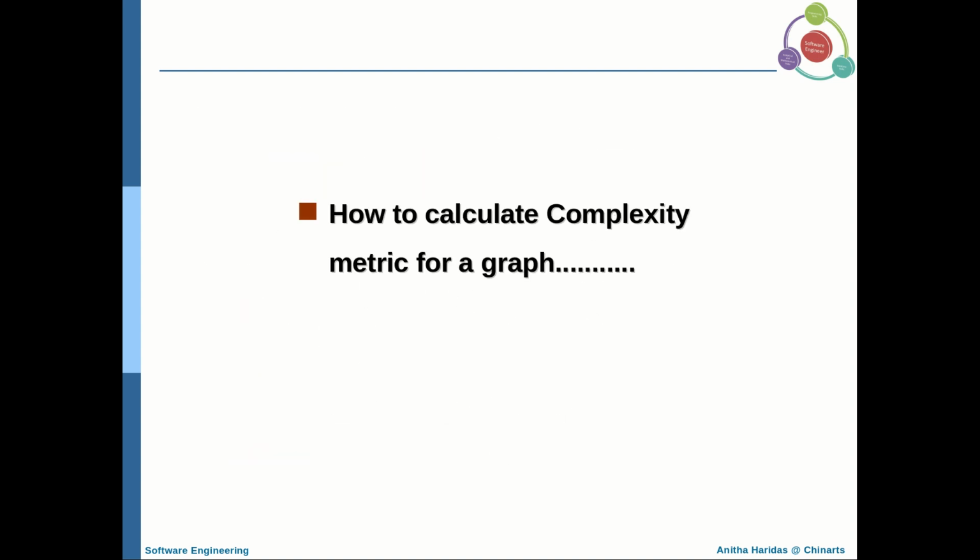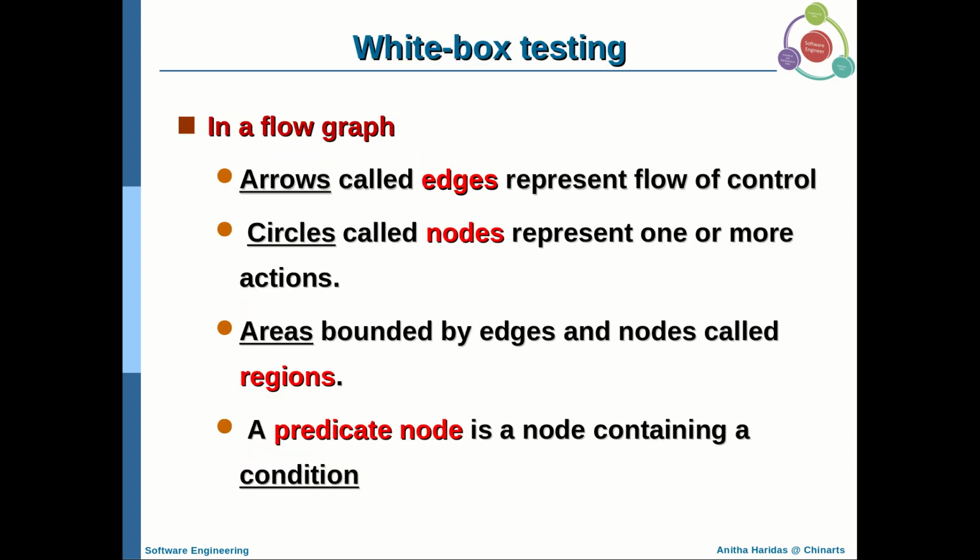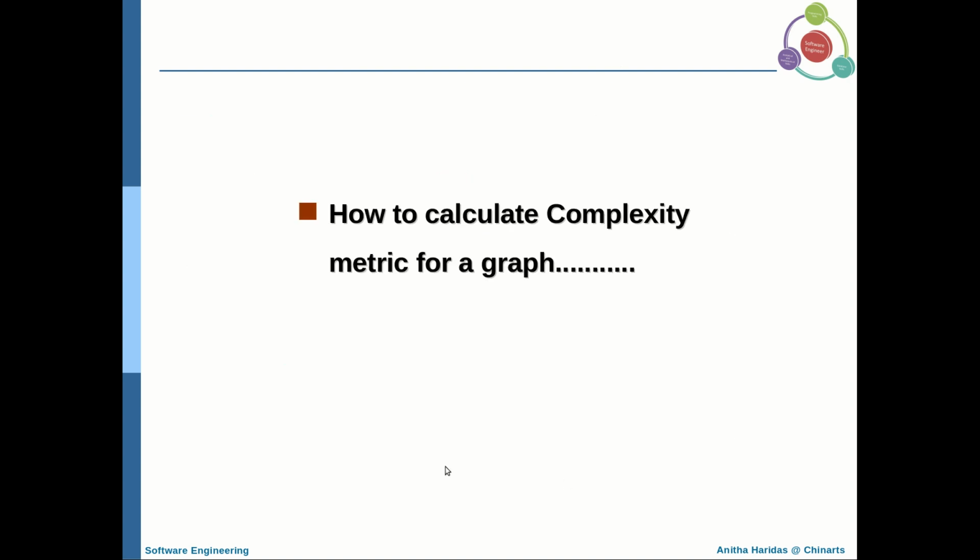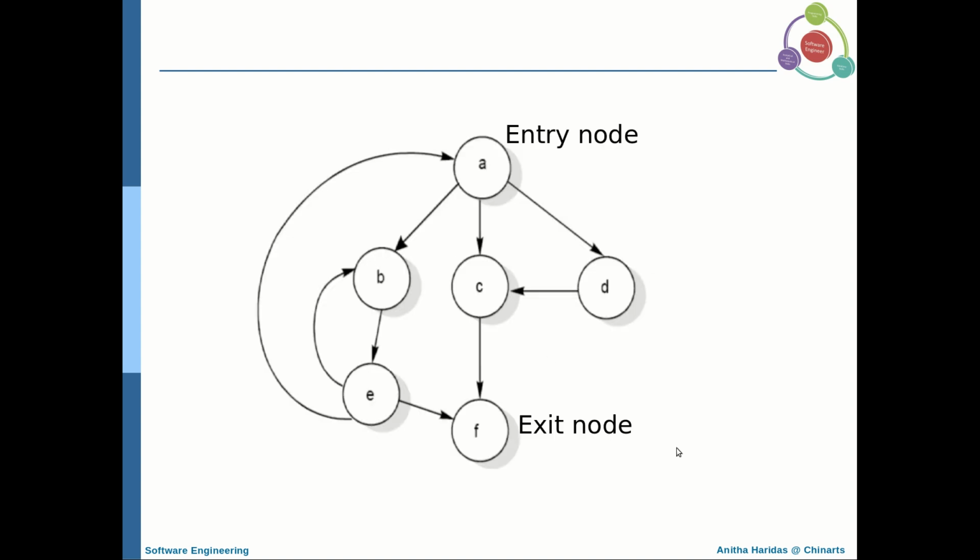Okay. Now the question is, if you have a control flow graph like this, how do you calculate the complexity metric of a graph? So let us take this particular graph as an example. I have A as the entry node and F as the exit node. How many vertices are there? You have 1, 2, 3, 4, 5 and 6 vertices. How many edges are there?